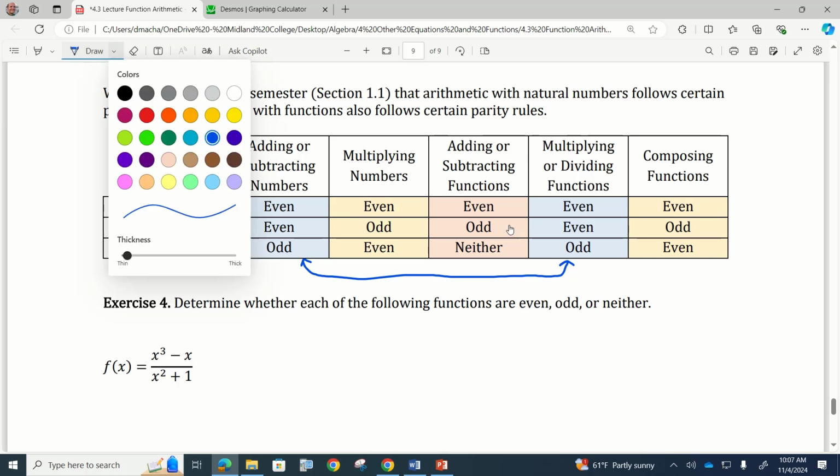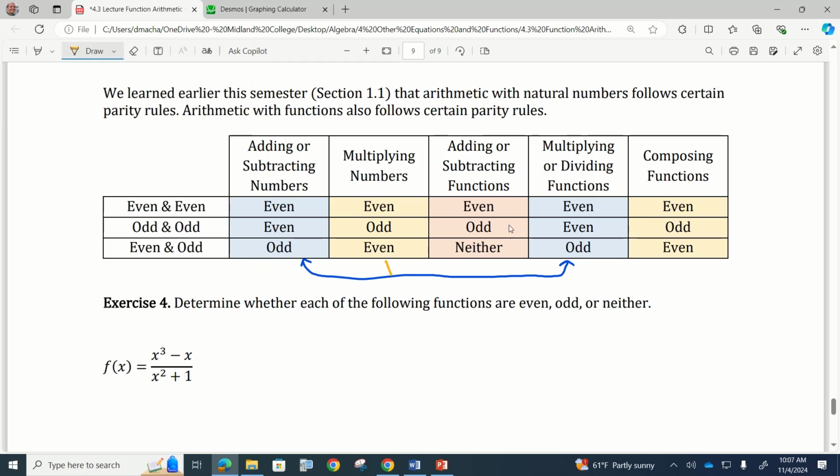That's a way to help you memorize these rules in case you wanted a shortcut. And multiplying numbers works the same way as composing functions. So if I compose an odd function with an odd function, it's going to be an odd function. I can remember that if I think about multiplying an odd number times an odd number, it gives me an odd number, and so on.